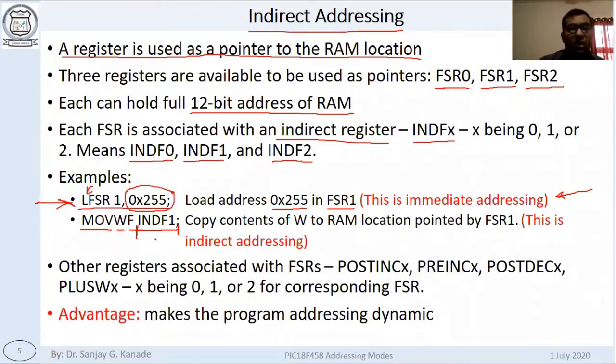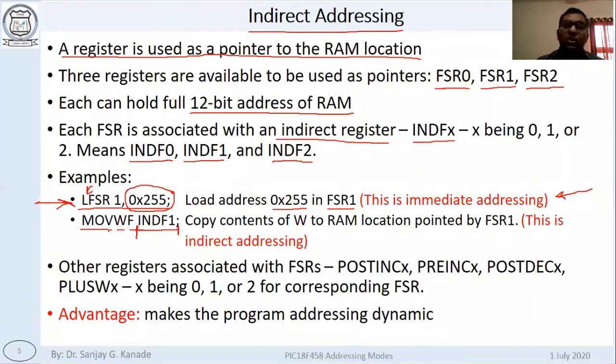So in this case FSR1 is 255. When we write MOVWF INDF1, it will consider the address of F as pointed to by FSR1, which is 255.